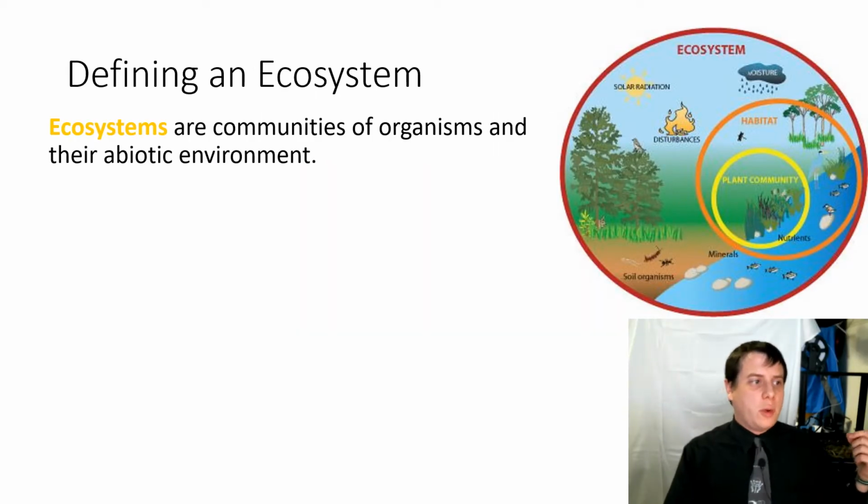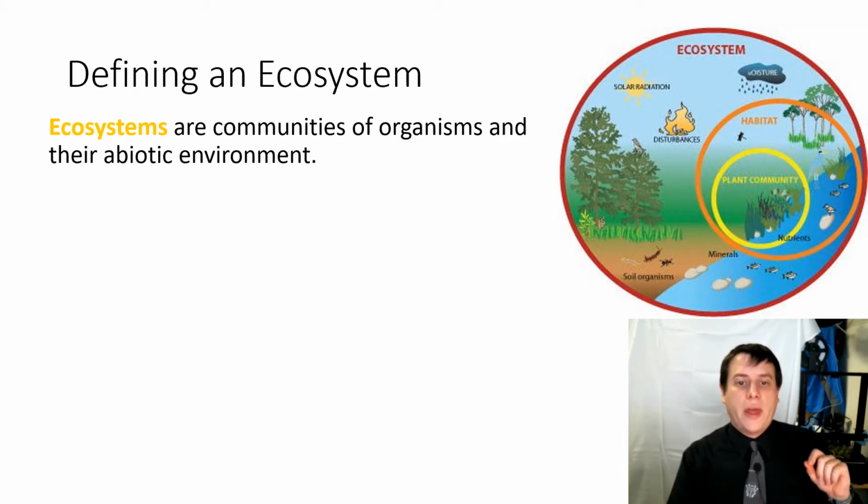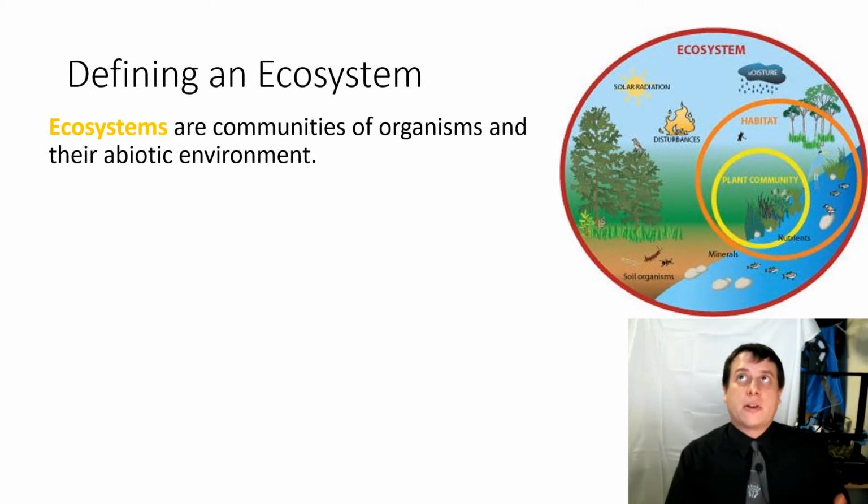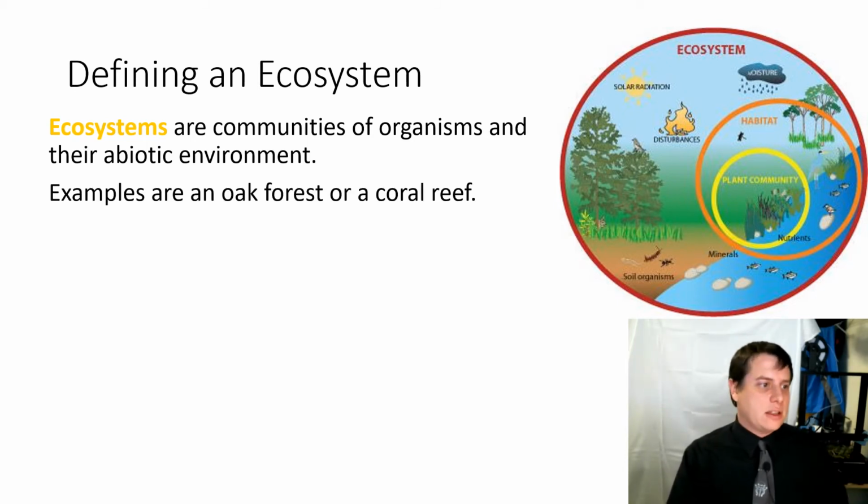So first off, we want to talk about ecosystems, and they are defined as communities of organisms and their abiotic environment. So that is all the different organisms that live in an area and interact with each other, and the abiotic, the non-living factors of their environment, which could be the amount of water, the amount of sunlight, those kind of things.